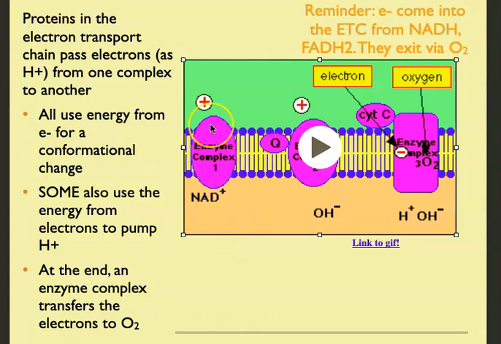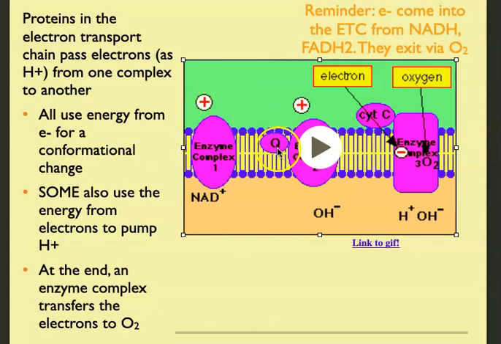The other thing that occurs through that same shape change, which caused the transfer of the electron to this carrier, is that it pumps the proton across the membrane.